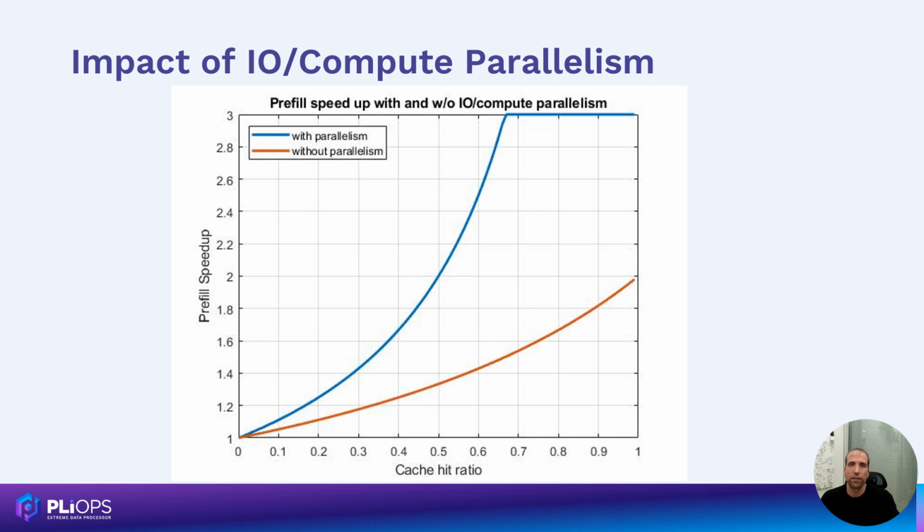Now, the blue curve with parallelism allows us to parallelize IO and compute, and the speedup improves significantly, especially as the cache hit ratio increases. So you see here a very significant 2x gain compared to a system with no IO compute parallelism.